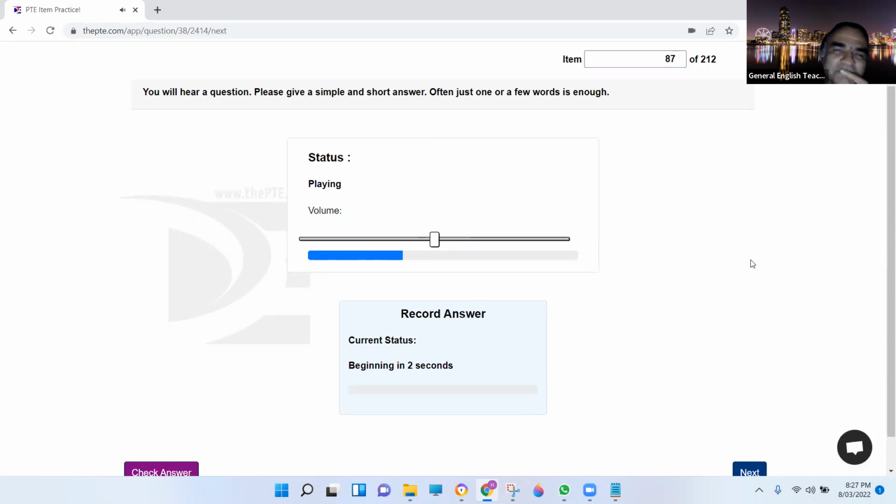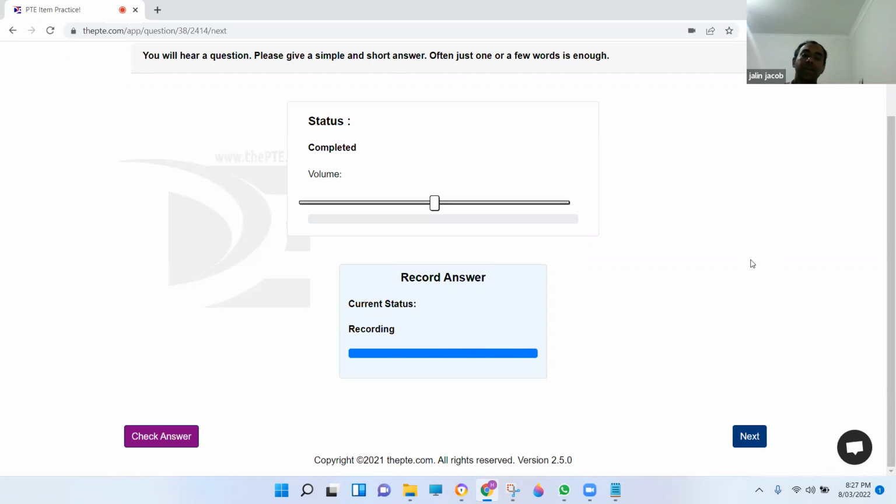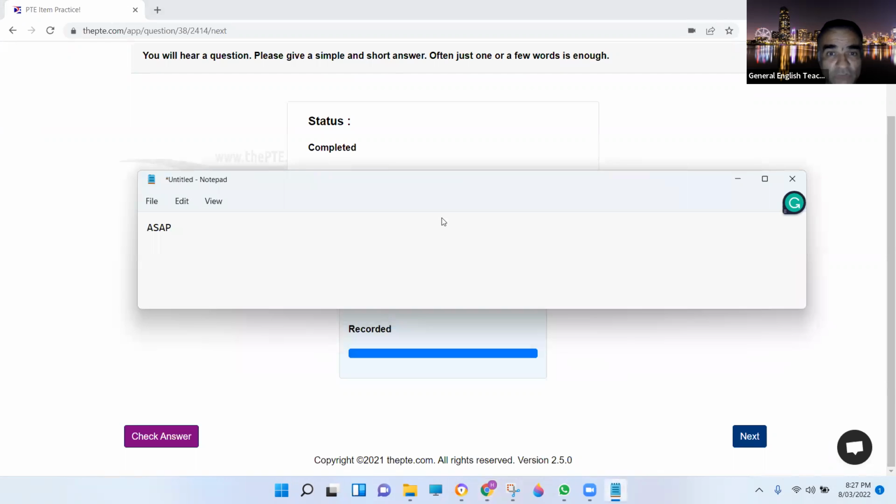What is the antonym of vertical? What is the opposite of vertical? Anyone? Horizontal. Very good. So there are two things here, Simon, you need to know.